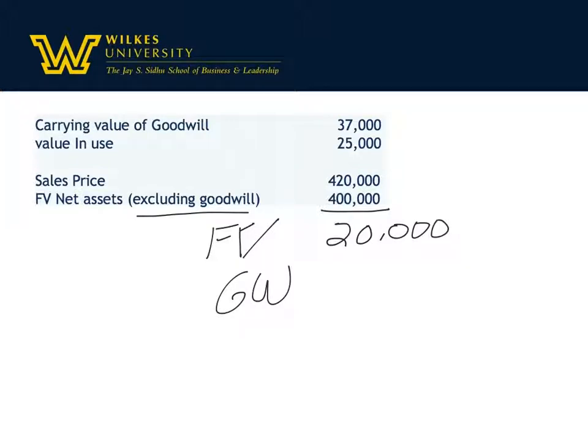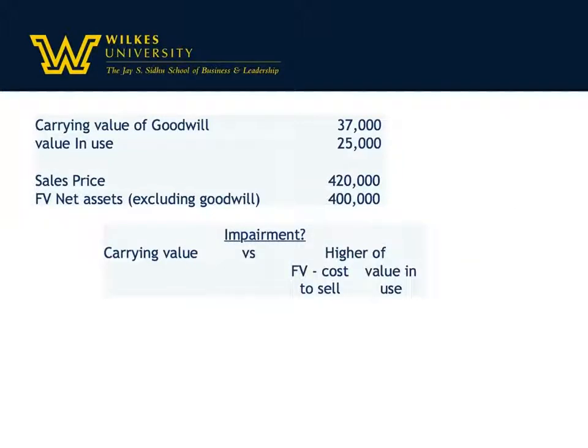So we've got to go do our impairment test. Now remember, we've got the higher of, and we're going to do this comparison that I'm going to show you. The numbers we need to remember are the carrying value is $37,000, the value in use is $25,000, and the fair value, if we were to sell it, is $20,000. So here's our comparison. Our carrying value is $37,000, and we're going to compare that versus the higher of the fair value less cost to sell and value in use.